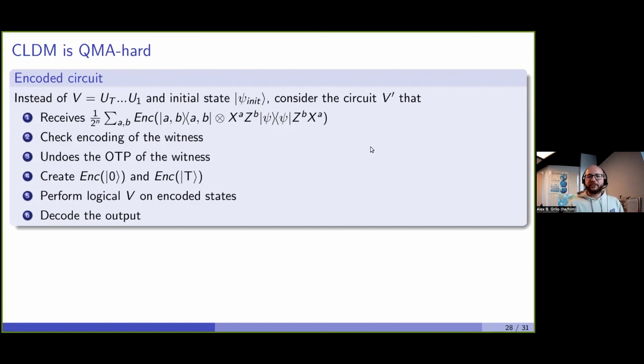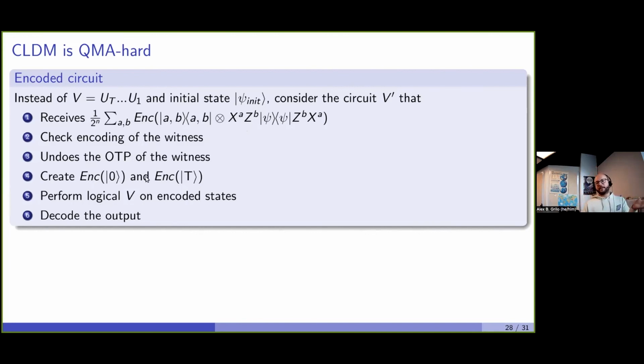This new verification first checks that this encoded witness is correct. It undoes the one-time pad, which is doable because the one-time pad keys are given. And finally, it creates the encoded version of the 0 and T magic states that you need to perform the computation. Once you have the encoded witness and the encoded ancillary states, you can perform the local operations that V would do, but now on the encoded data.